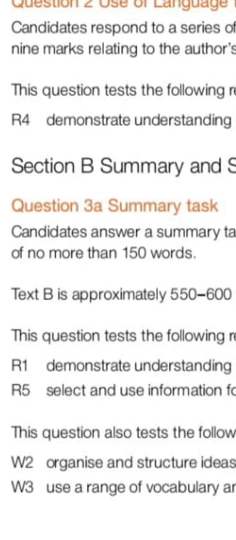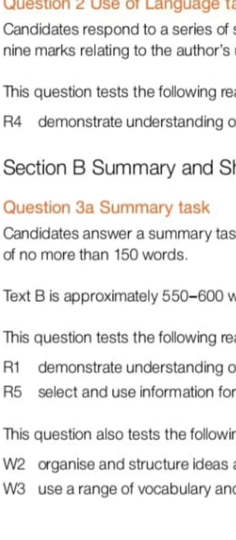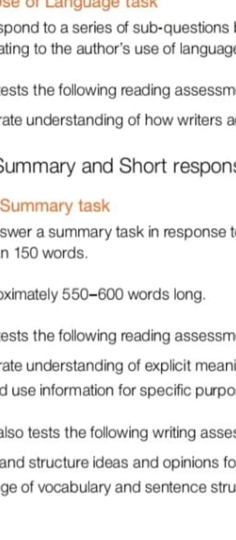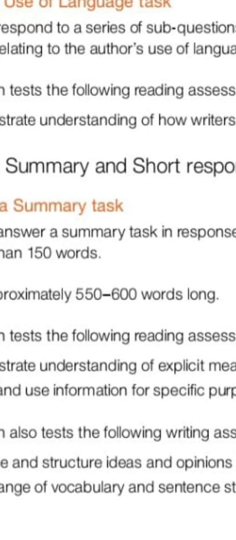R5 is that you are capable of selecting and using the information for specific purposes. This assessment objective is basically about selection of the content. When you read text B, sometimes your question is related to advantages or good points of something.